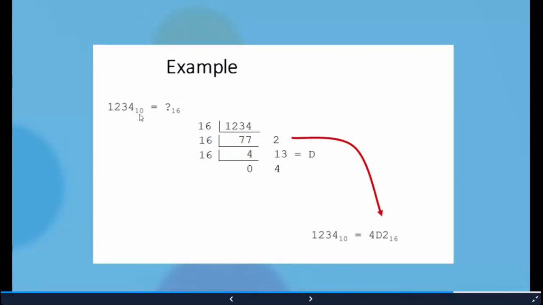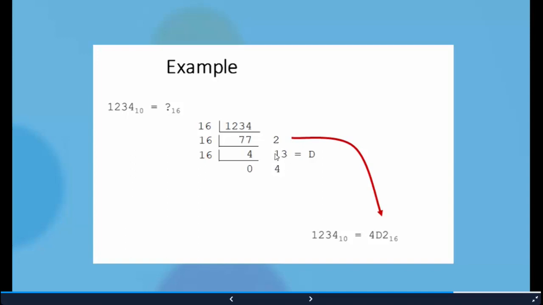So here 1234, decimal to hexadecimal. 1234 divided by 16, the answer is 77, and the remainder is 2. Then 77 divided by 16, the answer is 4, remainder 13. And finally, 4 you cannot divide, so the answer is 0. Whatever you got from dividing, the remainders are your answer, read from the last one.